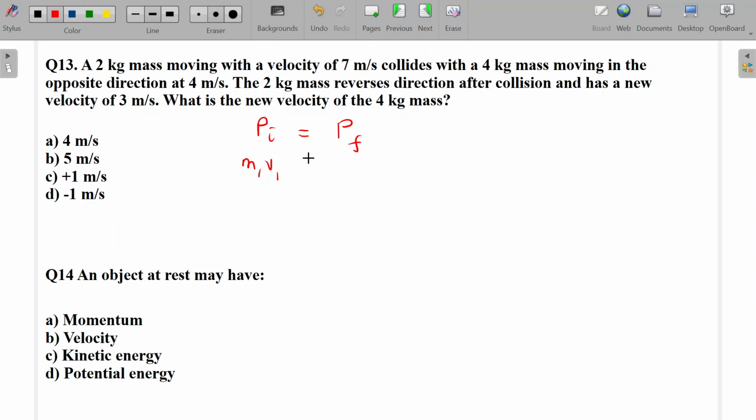Then it interacted with another mass, which is m2 v2. That was the initial, and this other side is m1 v1 final plus m2 v2 final.